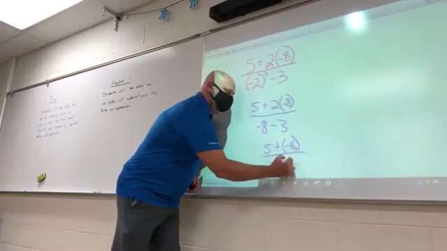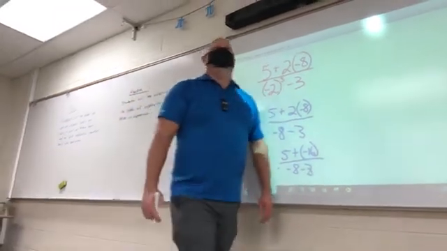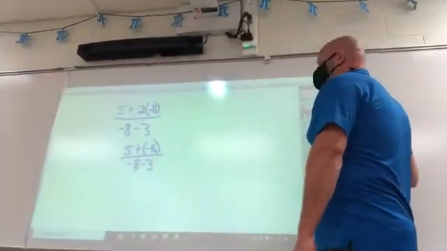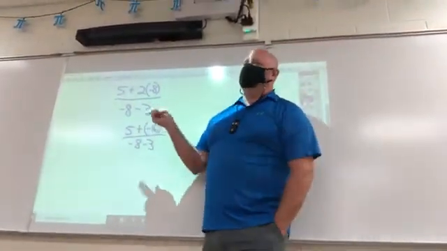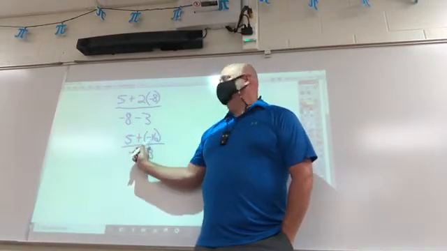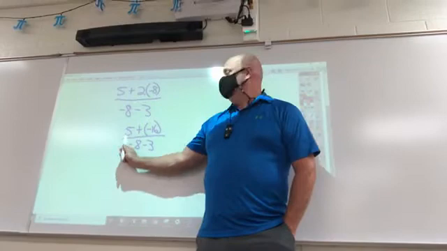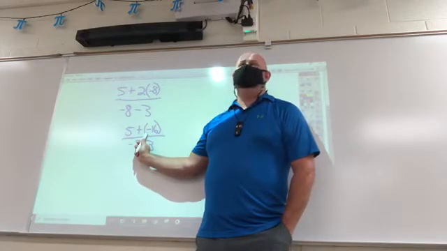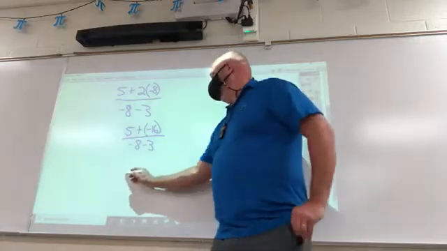Now, I have division here, but I have adding and subtracting here too. What's the next thing I should do? I have to do the addition and subtraction. What is 5 plus a negative 16? Negative 11.